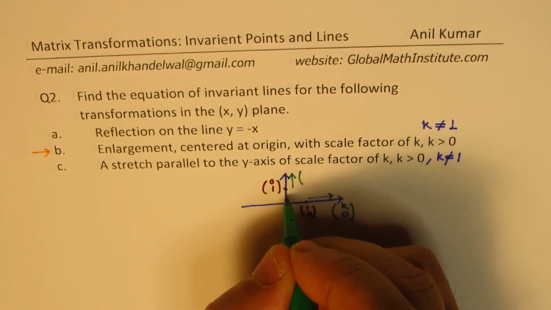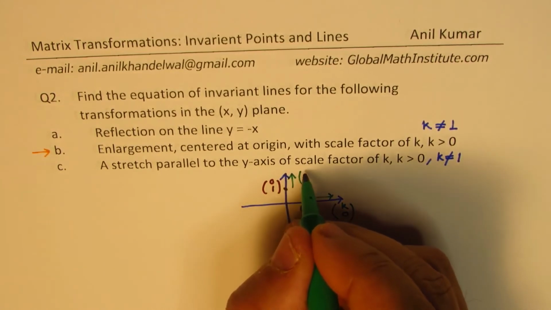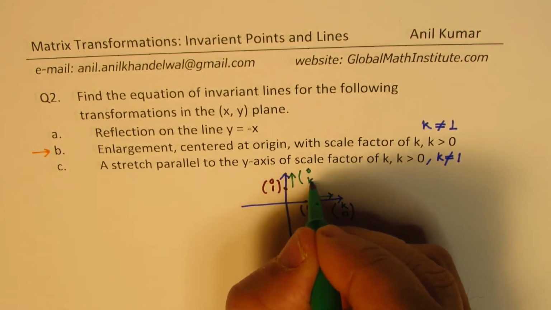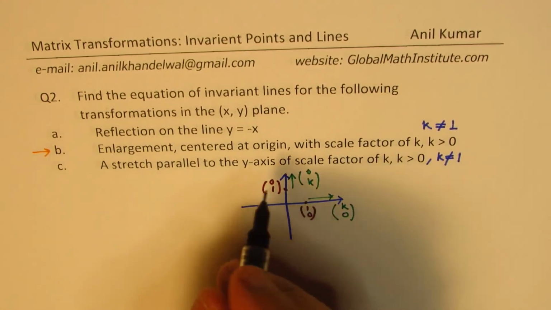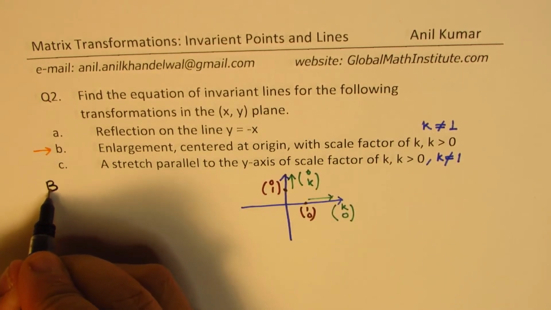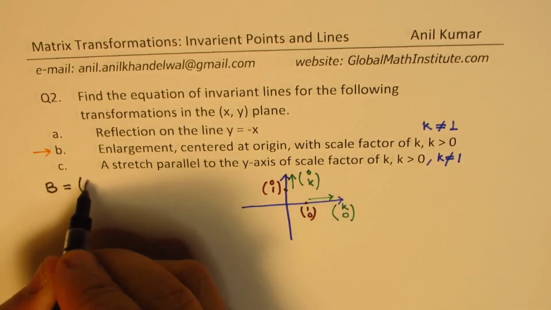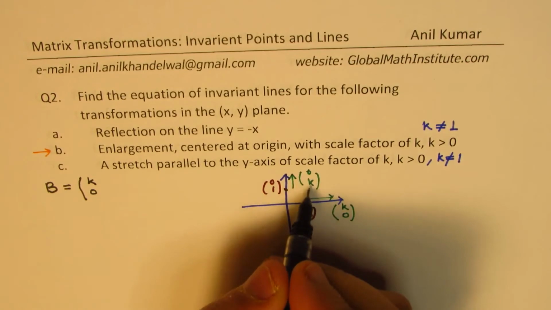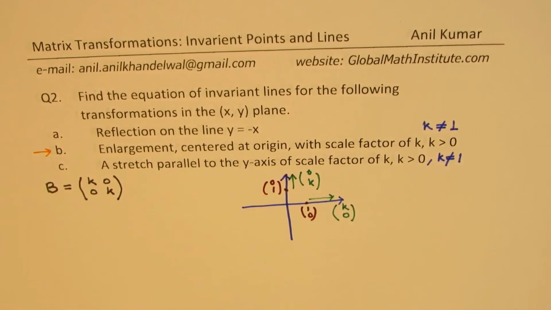However, here the 0 times k will be 0, and the y value will become k, correct? And so we get our transformation matrix. Let's call this matrix B. So the transformation matrix will be k, 0, and 0, k, right? So that's how we get our transformation matrix.